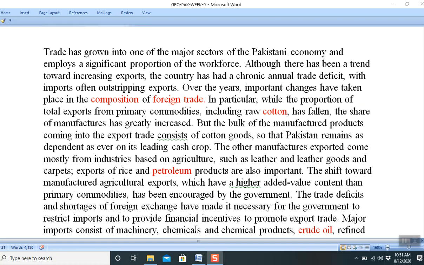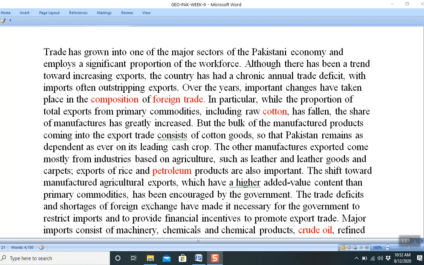This is how their market competency, meaning that in the international market the price of their product is lower, while the price of the Pakistani product is higher. So this is how the goods are not purchased, and this is how the trade deficit increases.